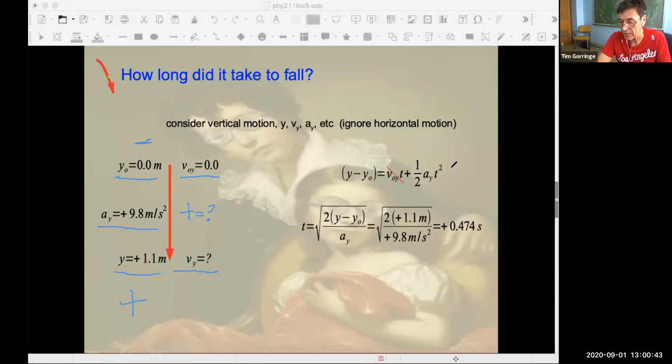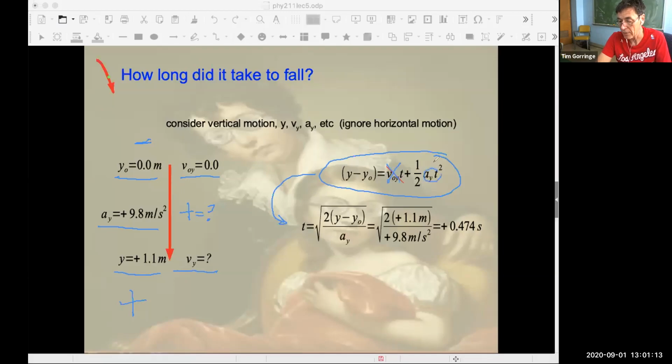So I'm going to take this equation here, and I'm going to rearrange it for the unknown time in terms of the known displacement and acceleration of gravity. So I removed this term with the initial velocity because it's 0. And then I multiplied by 2, I divided by the acceleration, and I took the square root to isolate the time.